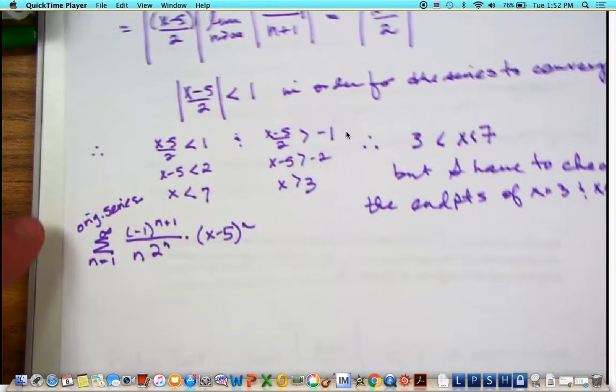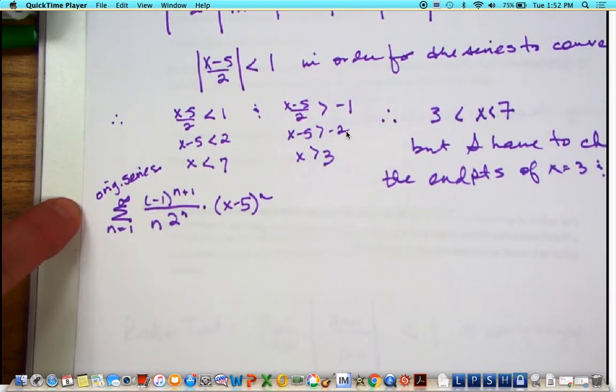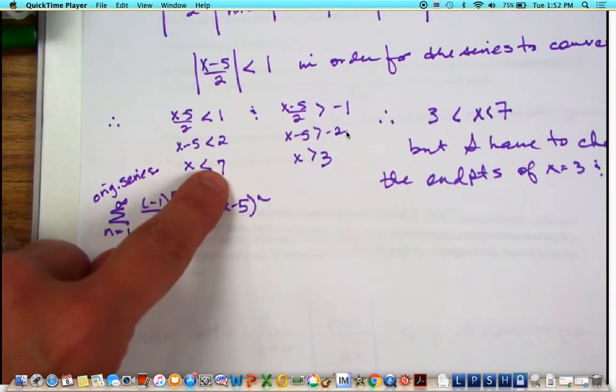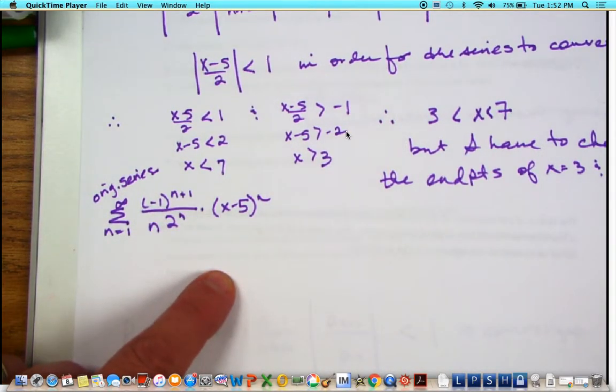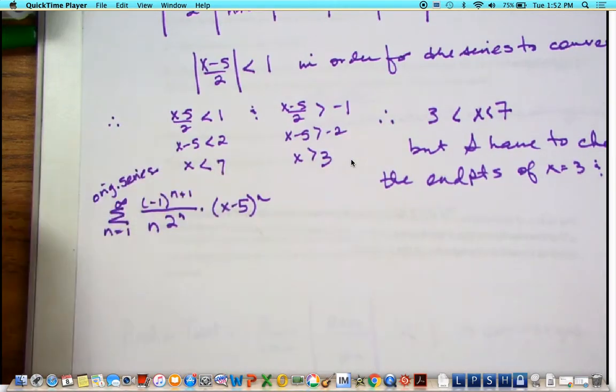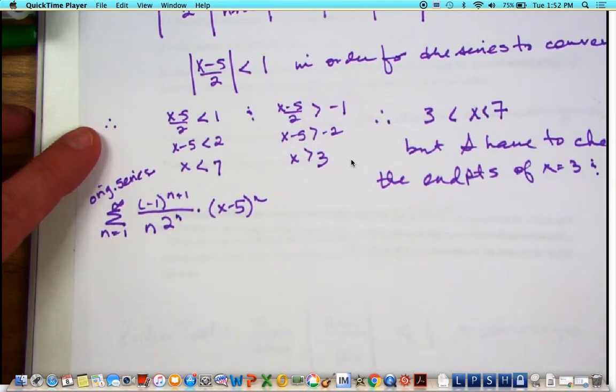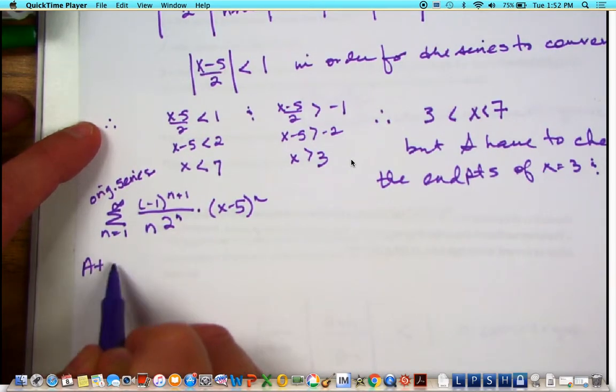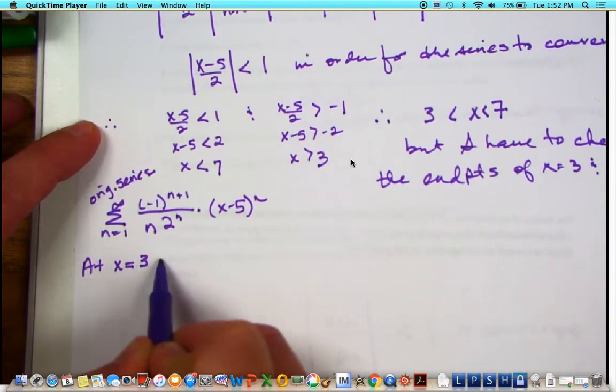So I have to take this series and substitute in what? 3 and 7 in place of x. Those are x values, right? Okay. So I'm gonna start two different problems here. I'm gonna say, okay, at x equals 3.